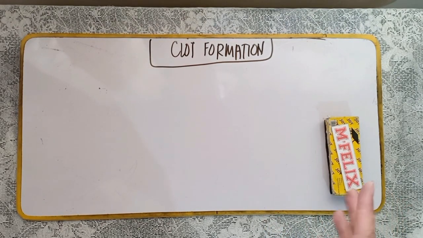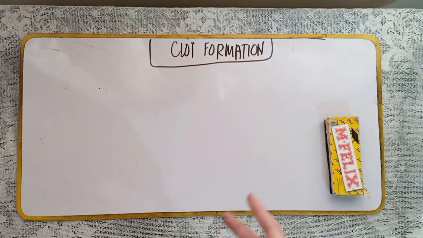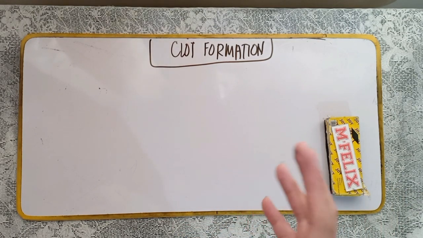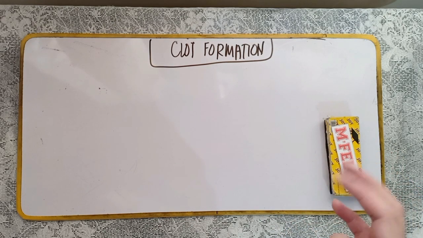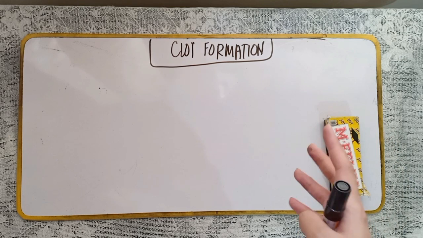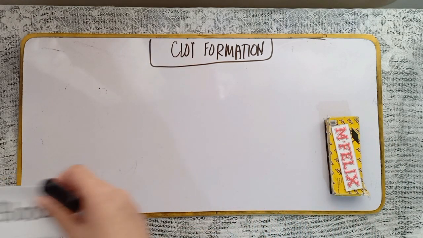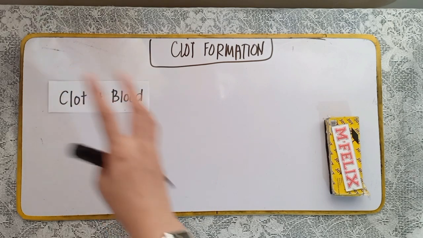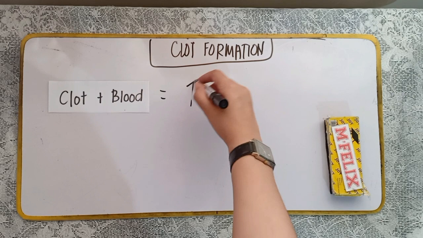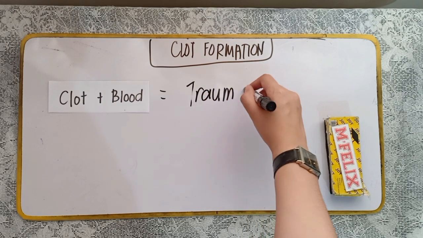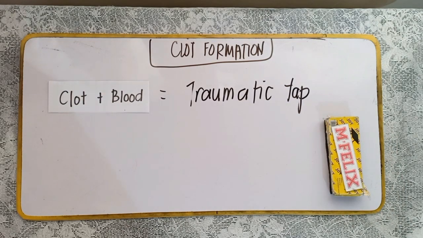However, we have several conditions involving the CNS that may cause clot formation, each with different types of clots that we may encounter in a CSF sample. Now, we have here a clot formation plus the presence of blood. The indication is due to traumatic tap only.